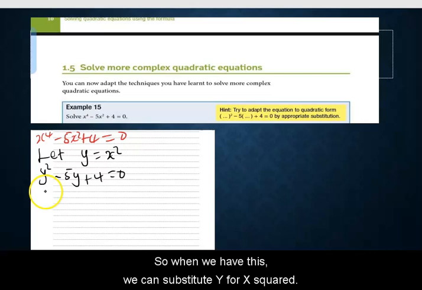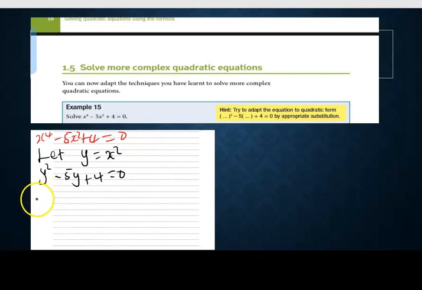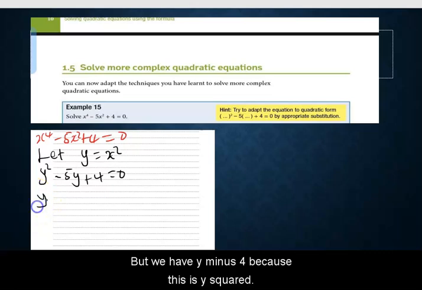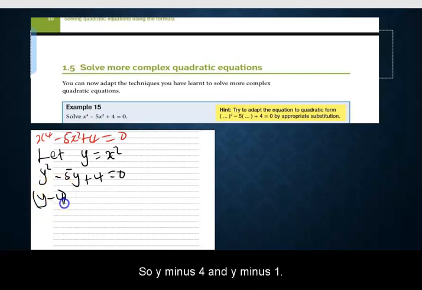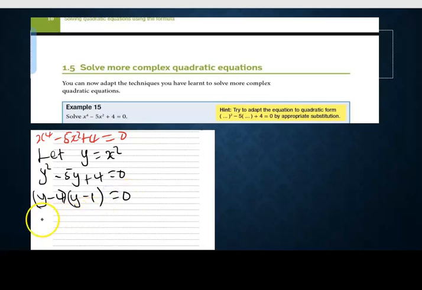So when we have this, we can substitute y for x squared, but we have y minus 4, because this is y squared. So y minus 4 and y minus 1. This is equal to 0 by factorization.